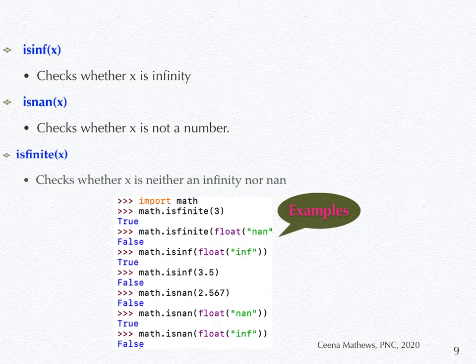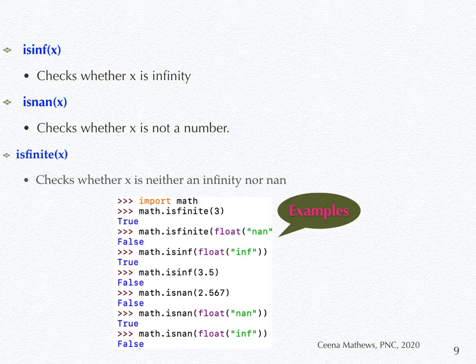Okay. Next function is isnan. Isnan checks whether the given value is a number or not. If it is not a number, it will return the result as true. Again, here also we have a constant nan. In the first example I have used isnan of 2.67, which is a finite number, so it will return the result as false.